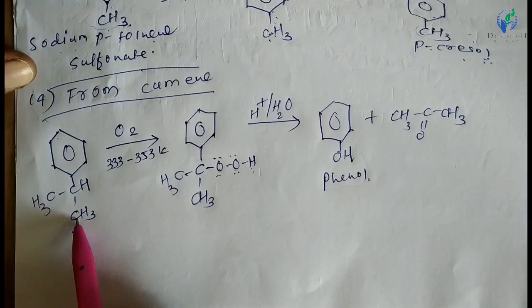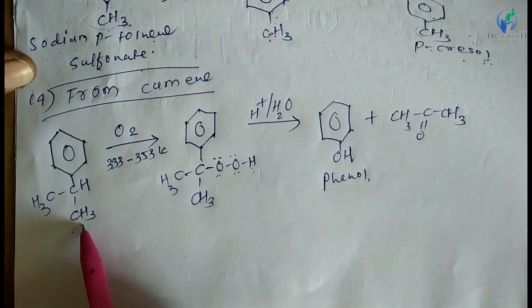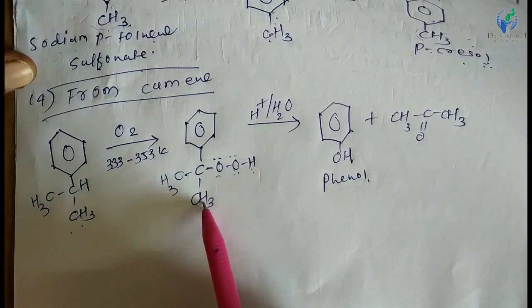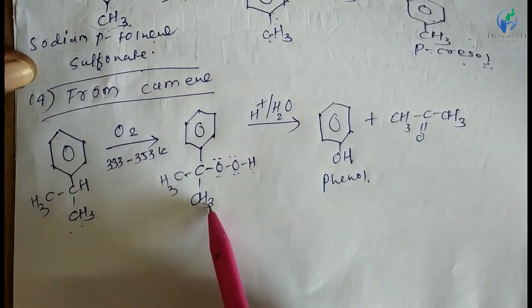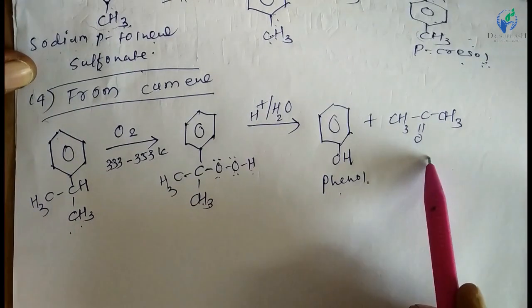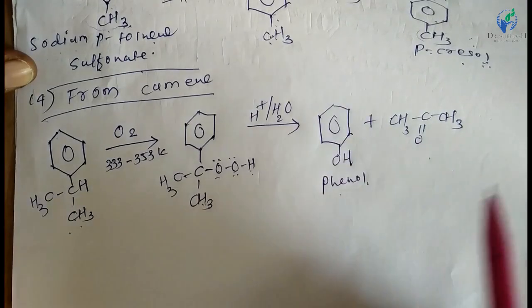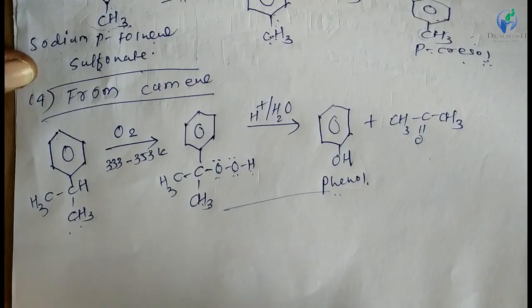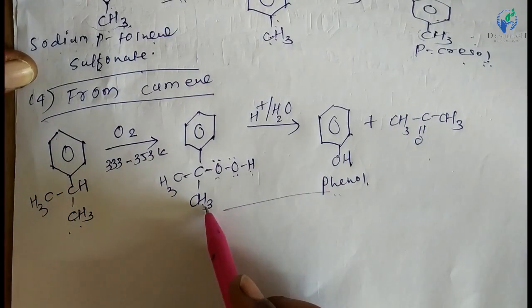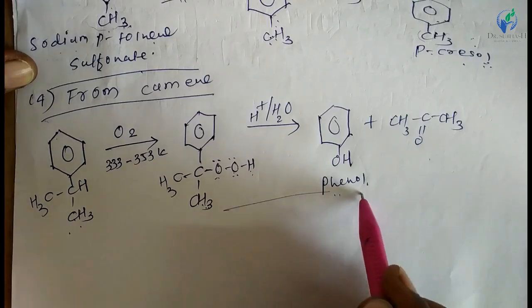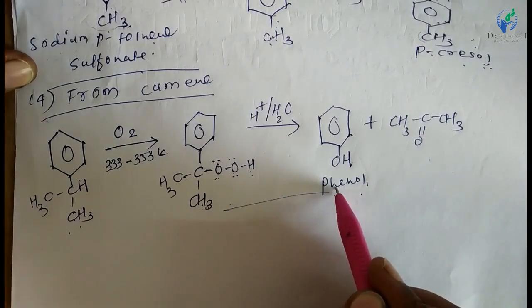The first one is oxidation of this isopropyl benzene, cumene, with oxygen to cumene hydroperoxide, and the second step is acid hydrolysis of this cumene hydroperoxide to phenol and acetone. Here the reaction mechanism for this second step is given. This one is the conversion of cumene hydroperoxide to phenol.